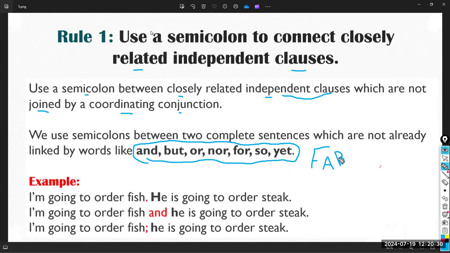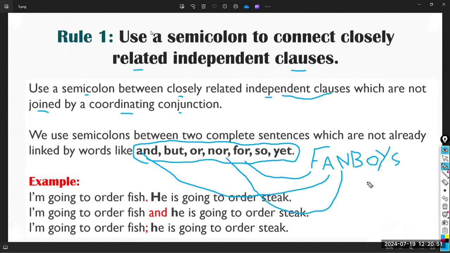So we use these conjunctions, fanboys, just to join two independent clauses. So we notice that F for, A for and, N for nor, B for but, O for or, and Y for yet.